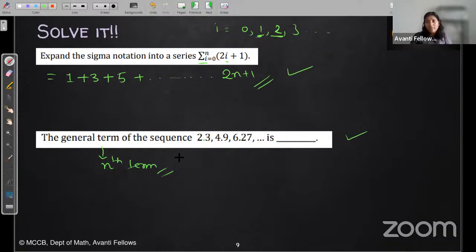So in a general term we have one variable. That's all. What will be the Tn here? Yes. Answer me in the chat box. Observe the pattern and answer me in the chat box what will be the Tn.